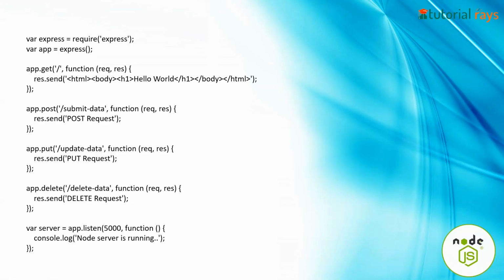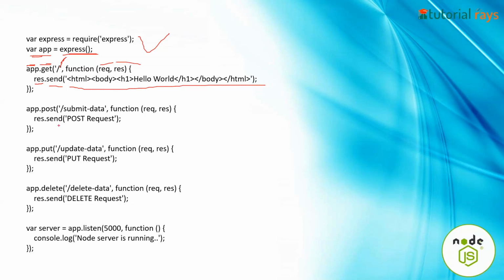In this example, we include Express and then the app object, which is the object of Express. Then app.get: if we write slash, that means the home page, and then request and response in the function, response.send, and we can see this message.